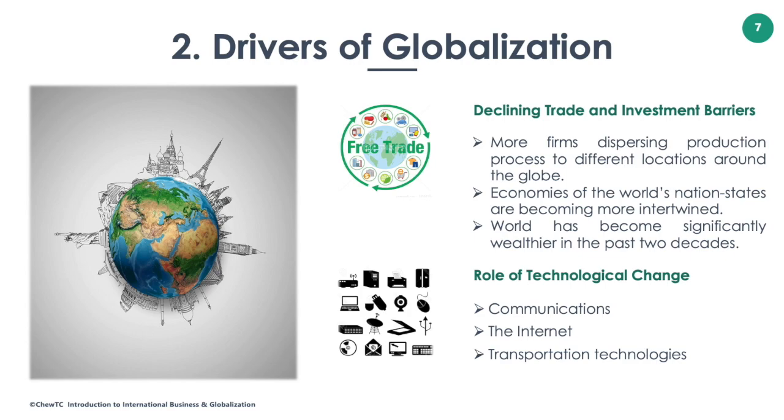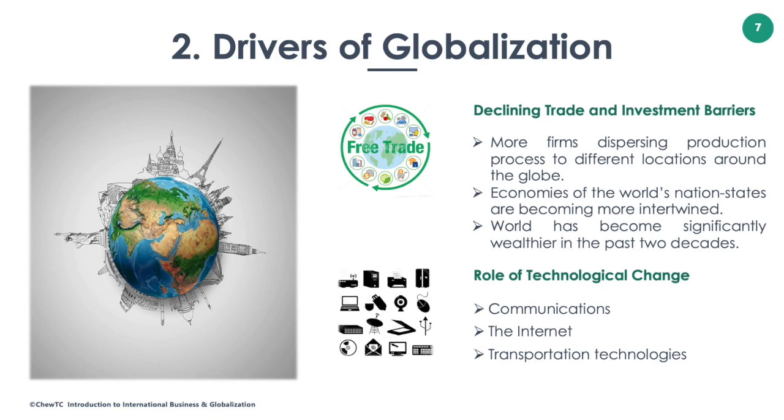In terms of declining trade and investment barriers, firms are no longer bound or restricted in doing business in their own country, but they can disperse their production process to different locations in the world. Recall the example of Nike. They basically have their manufacturing facilities in so many locations in the world, such as China, Vietnam, Thailand, and India.